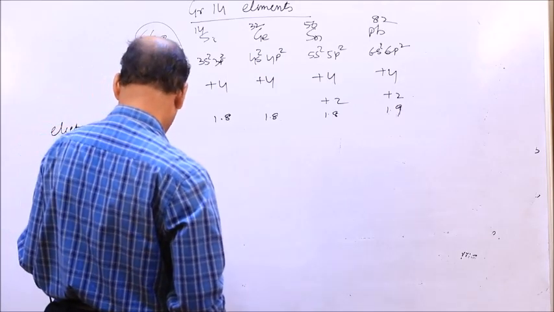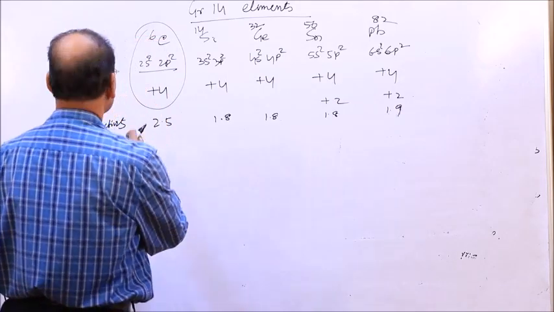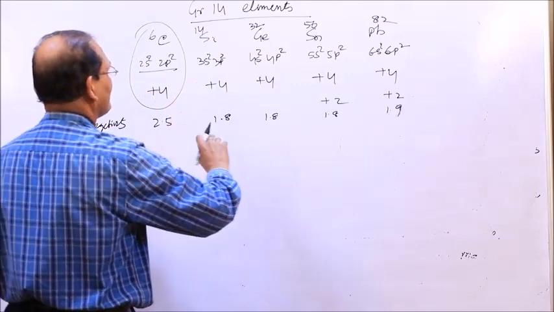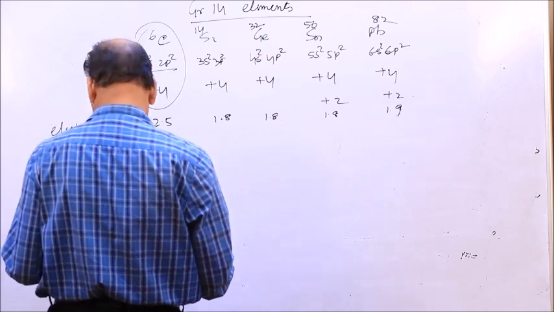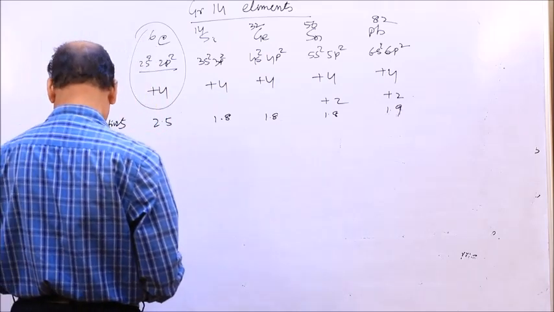Density first decreases from carbon to silicon and then increases from germanium to lead.